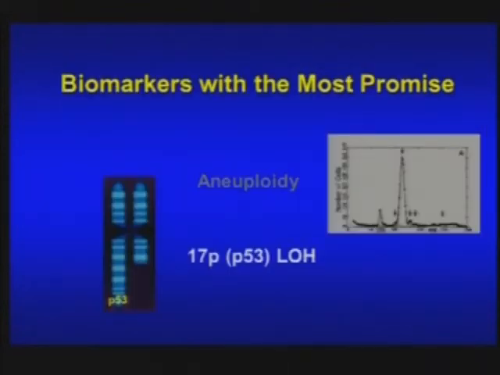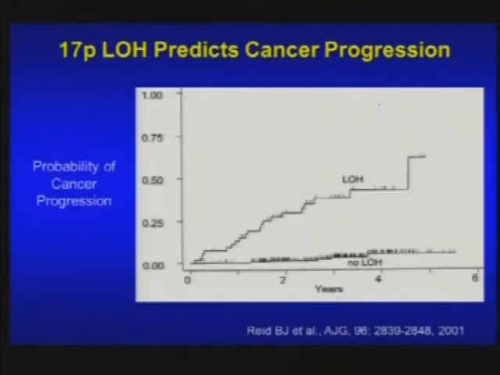So in addition to aneuploidy, the other marker that has shown the most promise for clinical use is this 17p LOH. Here are data, again, coming out of Brian Reid's group in Seattle, looking at 17p LOH as a biomarker to predict progression to cancer in Barrett's patients. In this study, patients were enrolled in a surveillance protocol again.